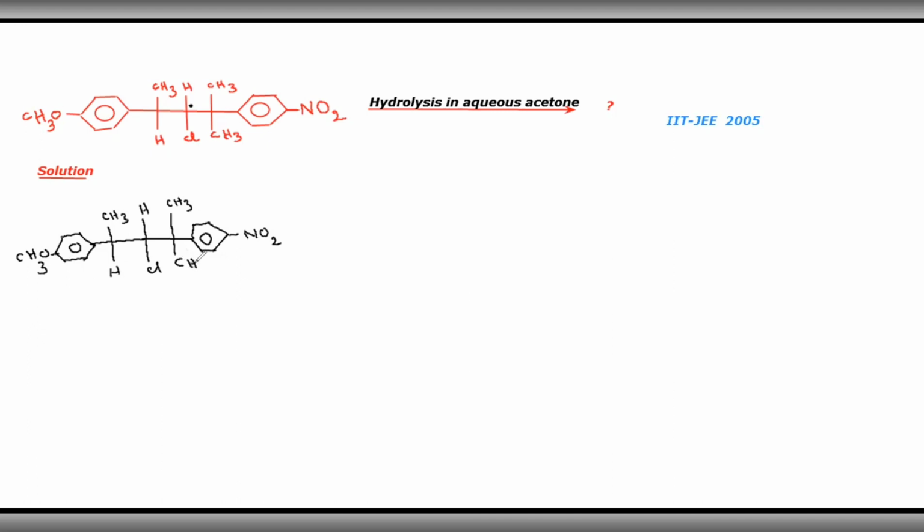In SN1 reaction, the first step is ionization. That means the leaving group goes out to form a carbocation. When Cl minus is removed from this carbon, that carbon becomes positive.